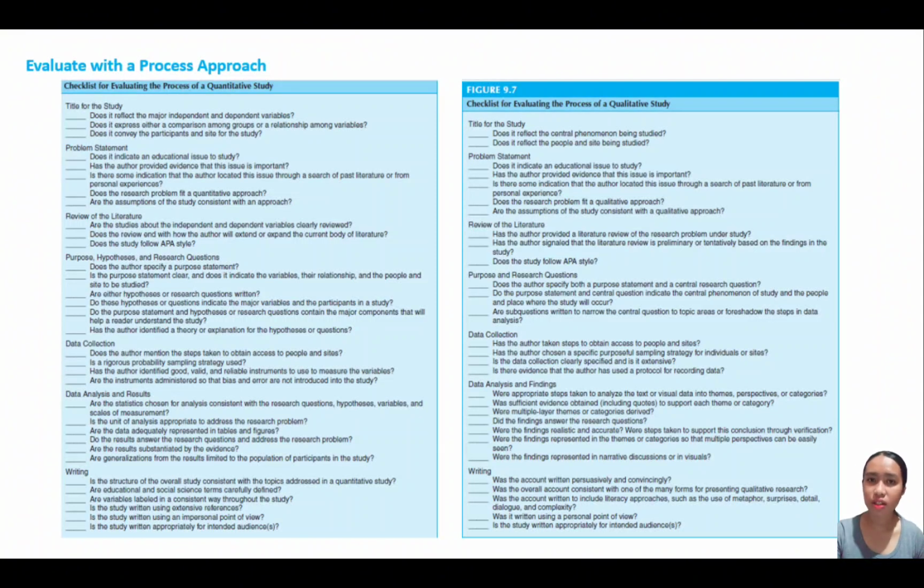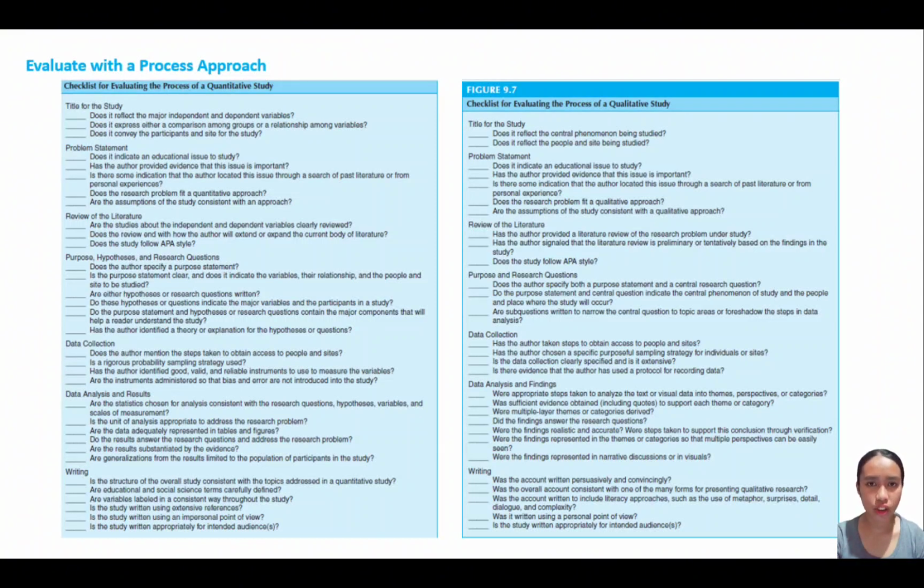This checklist covers key areas such as the study's title, problem statement, review of the literature, purpose, hypothesis, and research questions, data collection, data analysis and results, and the writing.